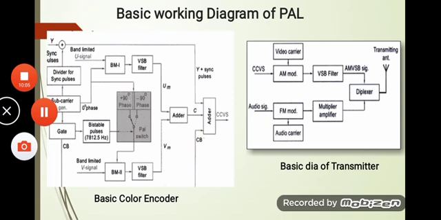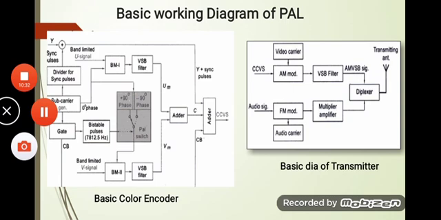Now this is the transmitter side of the block diagram, which is obviously the same as that of the NTSC system, where the CCVS signal, that is the composite color video signal, is a combination of Y, that is luminance, then C, that is chrominance, then CB, that is color burst, and the synchronization pulses.